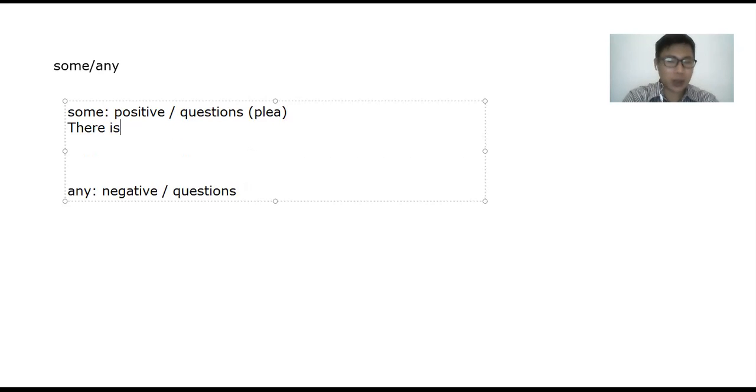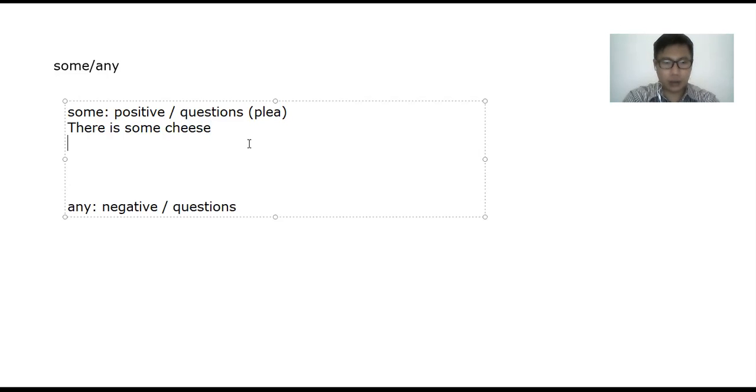We could count in any, but usually there's none if we use any. It's in the positive sentence, oh, sorry, I forgot the full stop. Because this is also in the positive sentence, there is some apples.